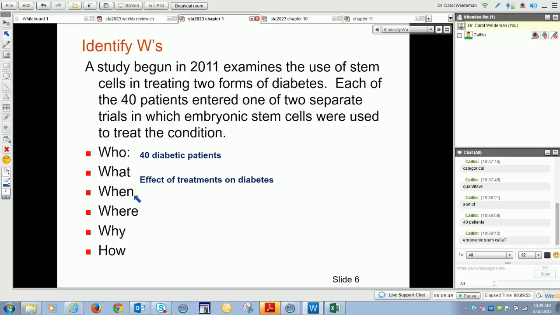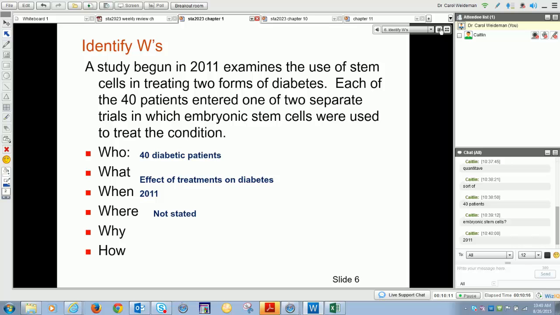When did they do it? Okay, this one's pretty clear on that one because it states it right in the problem. Yeah, 2011. Where did they do it? Now, many times they don't tell us. And this one doesn't say where. It doesn't say a state. It doesn't say a university or a hospital. So we would just say not given or not stated. Why did they do it?